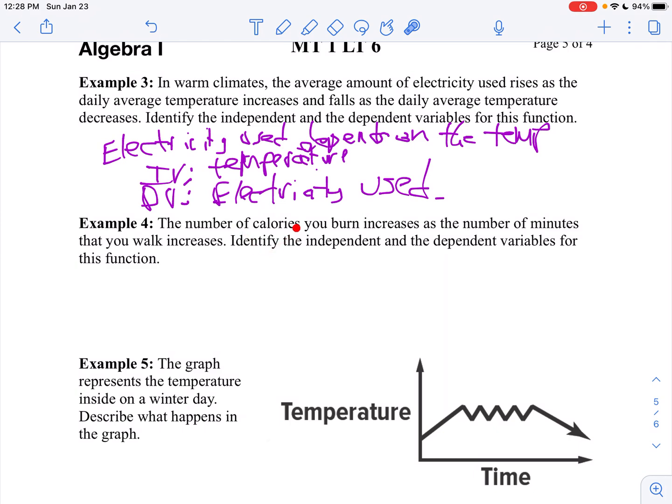Okay, so my calories burned increase as I walk. So in other words, calories burned depends on the minutes walked.